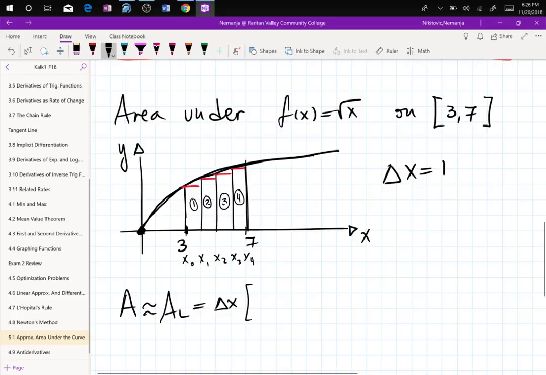So I have delta x times, and since I'm using the left ones, right? I'm using the left ones because the left corner of each rectangle is touching the function. I have my f of x0 plus f of x1. Now, can you do this using the right ones? Sure. I'm going to get a different number, but plus f of x2 plus f of x3.